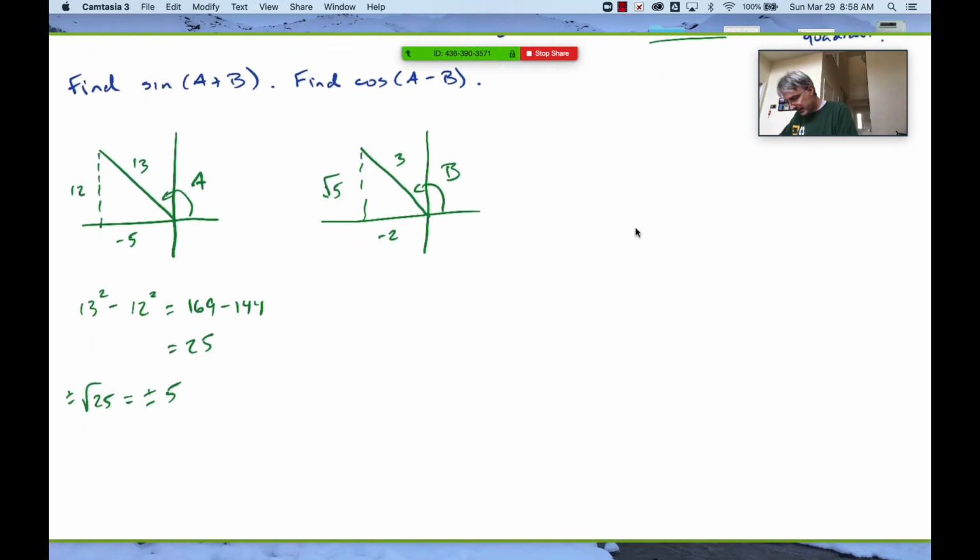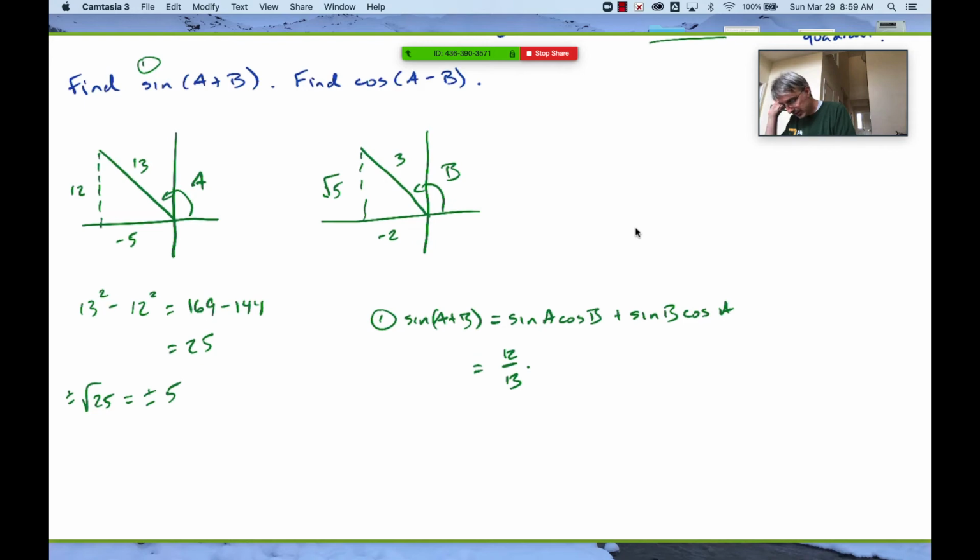So then the sine of A plus B, so I'll call that example 1. To find the sine of A plus B, the identity is sine A cosine B plus sine B cosine A. And so I'm just going to look at my two pictures and fill in appropriately. Sine of A is 12 over 13.